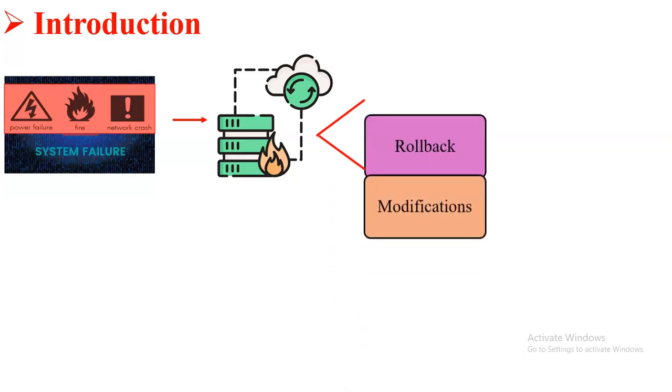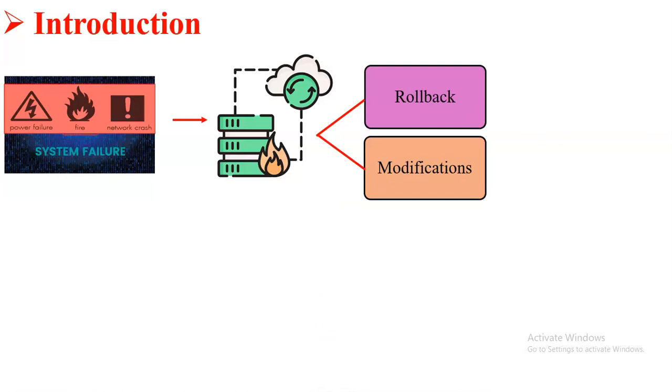It can be done either by rolling back that particular transaction or performing some modifications, and that too by observing the log files. Now, the system fails and this transaction must be recovered either by rollback or modifications. How do we do that? As I told, we have to just look at the log file.